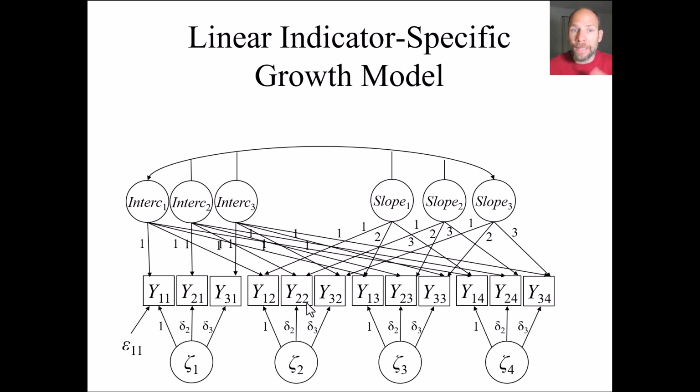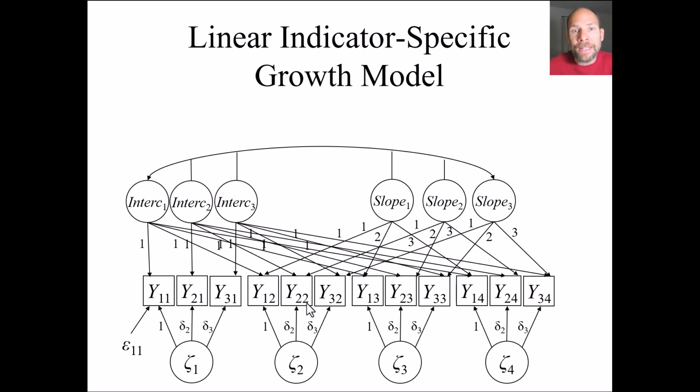That's a model that's related to this model, but this model here is more general because it allows each indicator to have its own indicator specific growth factor, and so it has greater flexibility in modeling differences between indicators in terms of the growth trajectories. But what I tell you here applies also to other types of multiple indicator growth curve models.